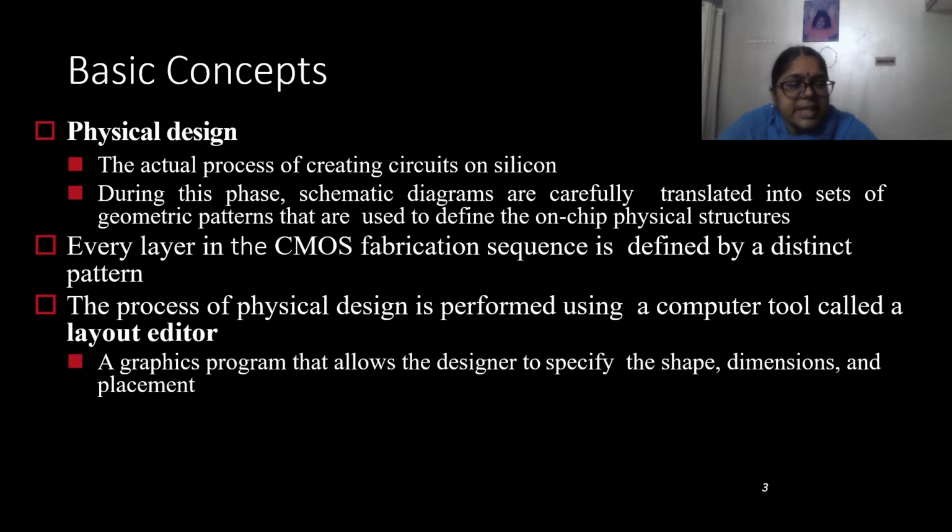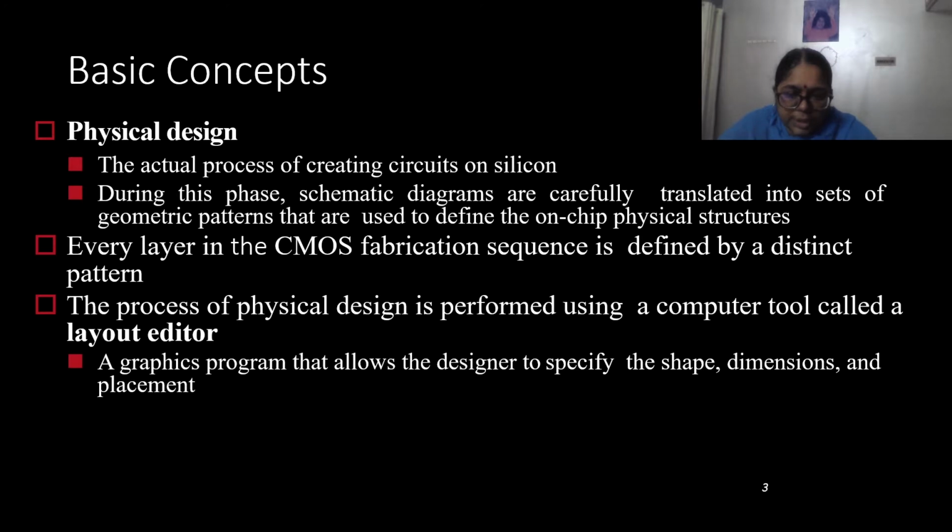The process of physical design is performed using a computer tool called a layout editor. A graphics program that allows the designer to specify the shape, dimensions and placement is the work done by the layout editor. Now, what is this layout editor?